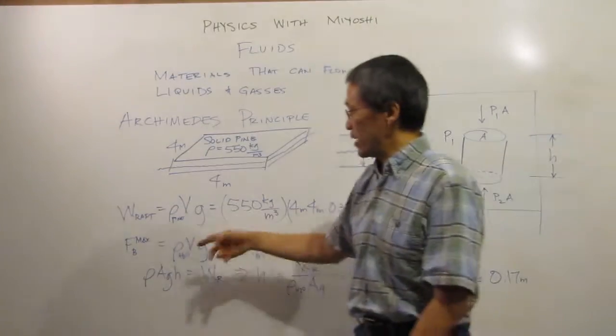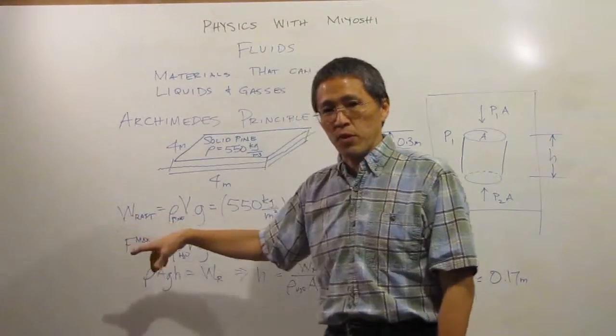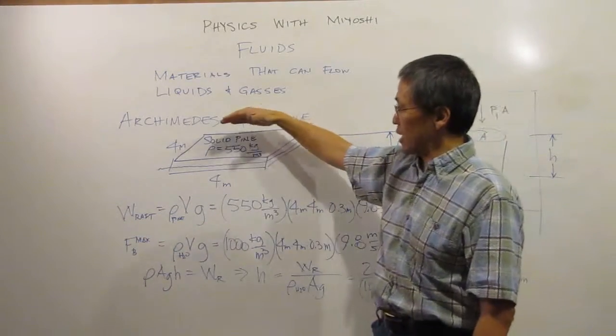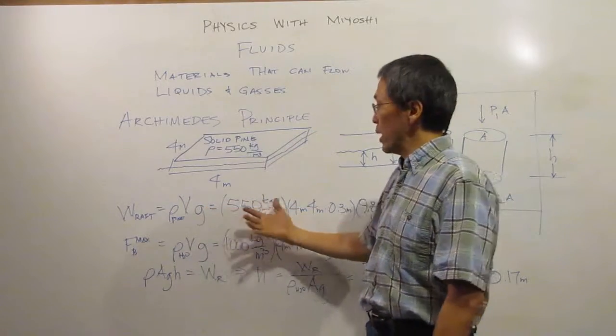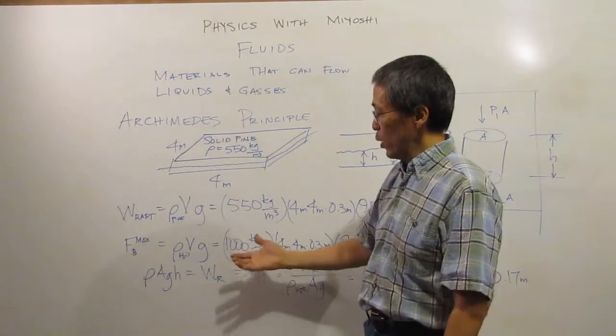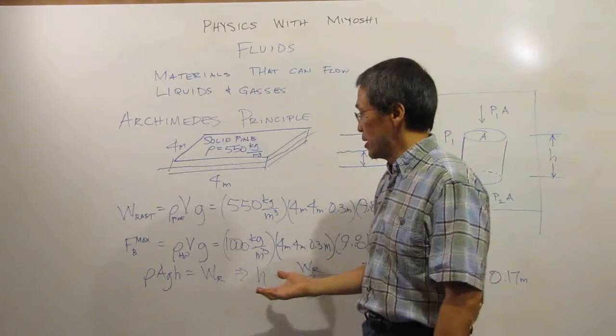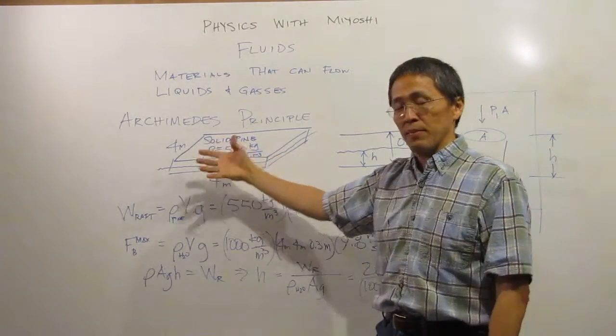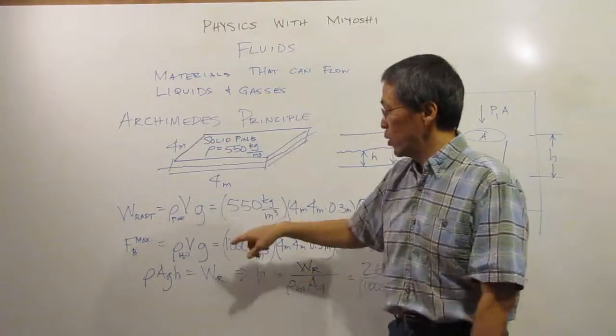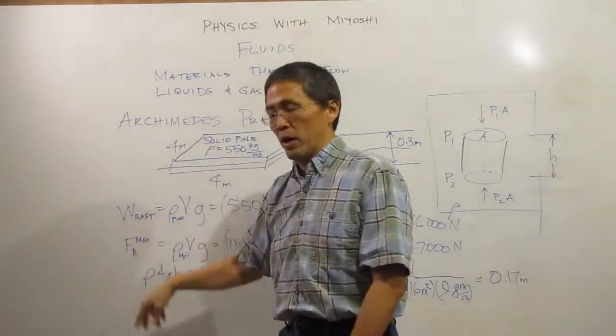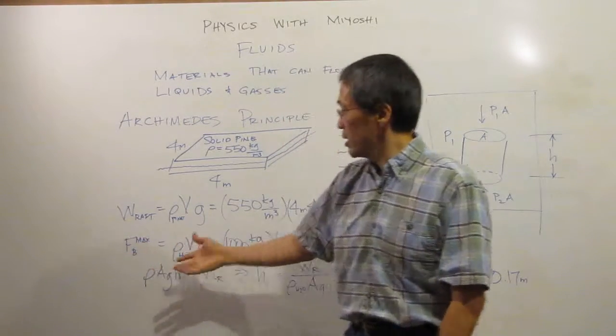Well, we're going to compare that to our maximum buoyant force. In other words, if I stuck this all the way underwater, what's our buoyant force going to be? That's how much water is going to get displaced. So we're going to figure out the weight of the water displaced by our raft.